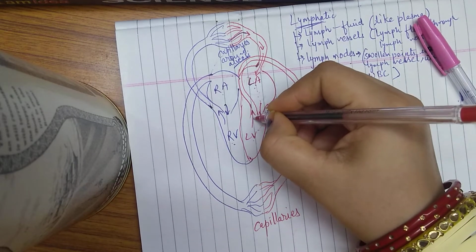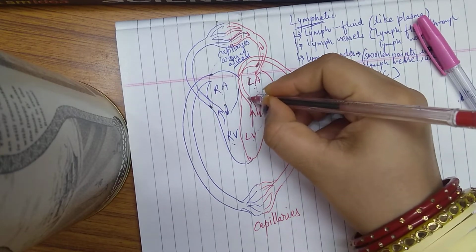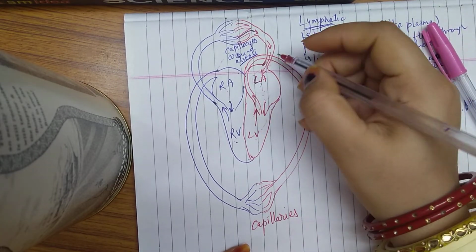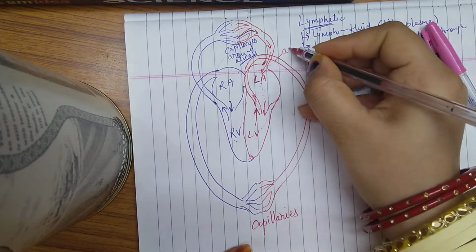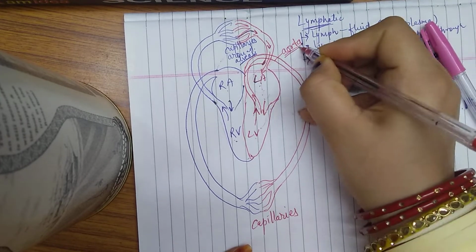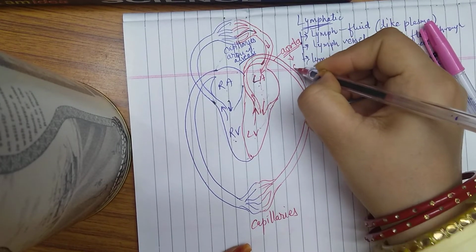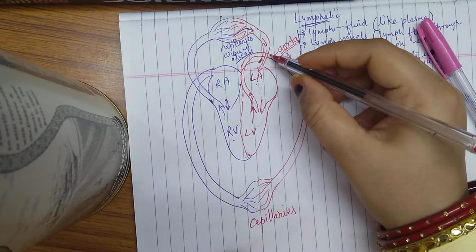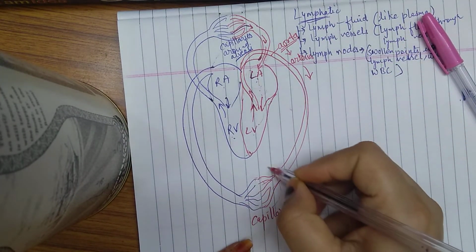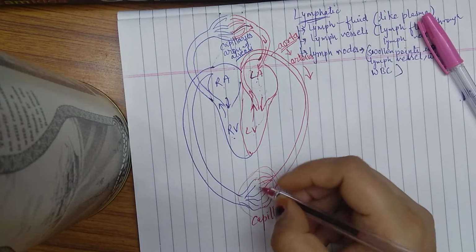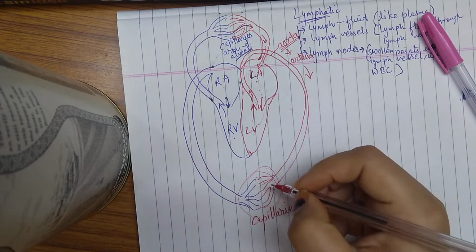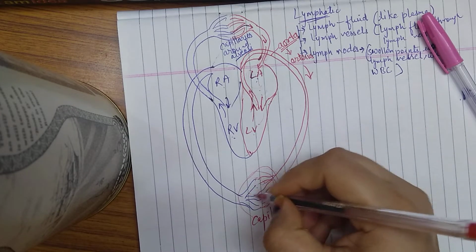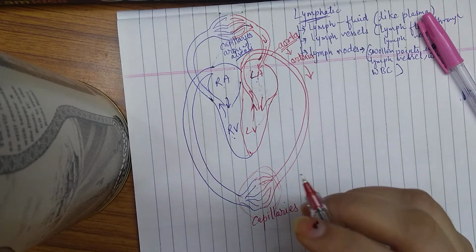From here the oxygenated blood enters the main artery, known as aorta, and it subdivides into various arteries which take the blood to the body cells. I have taken one cell, just for the example, and these are the capillaries around a cell.